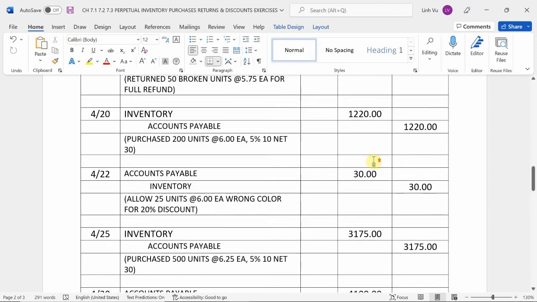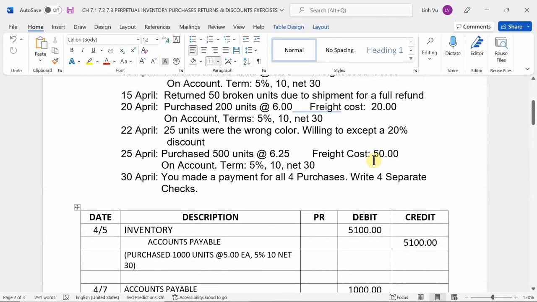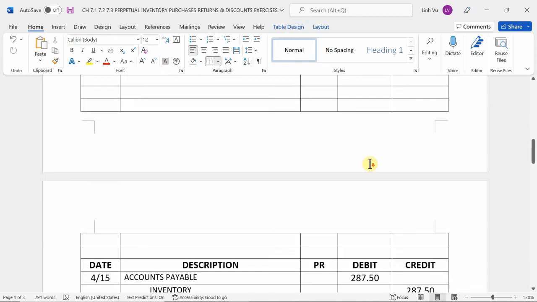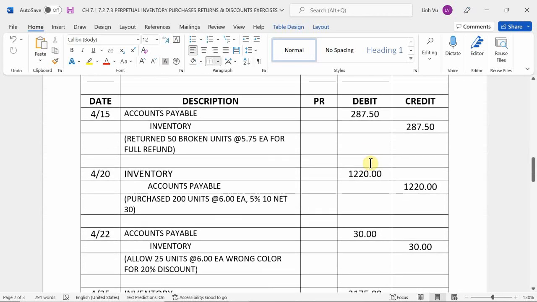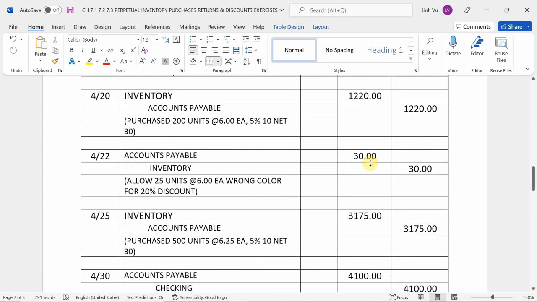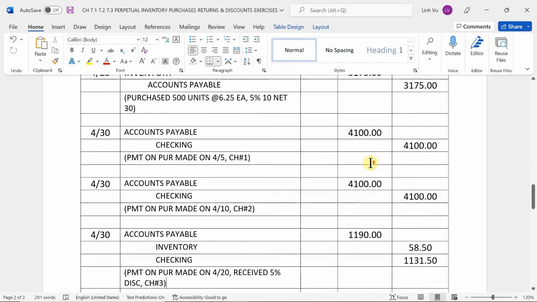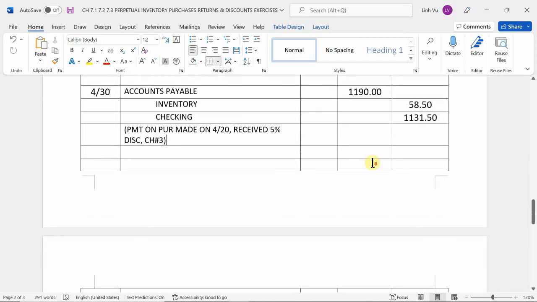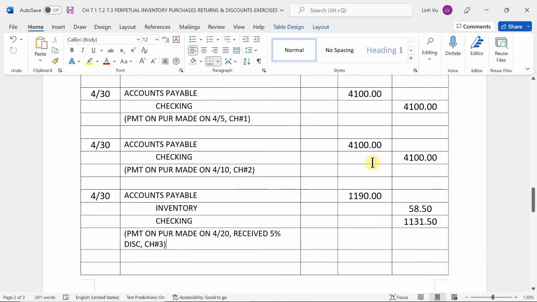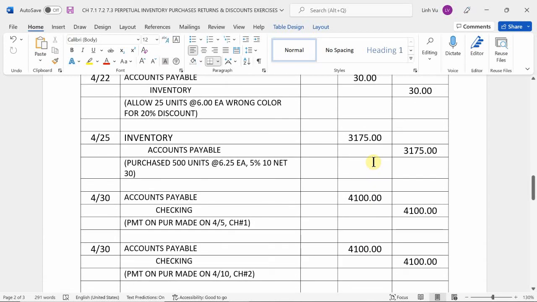What was the freight? Freight was $50. $31.25. So what's 5% of $31.25? $156.25.